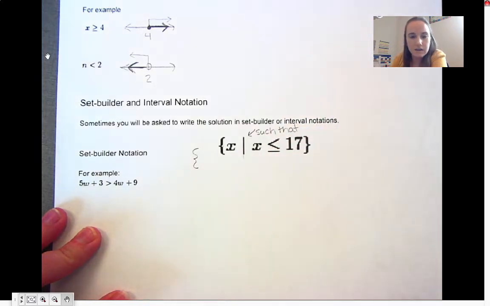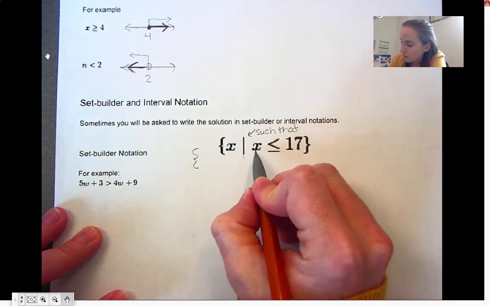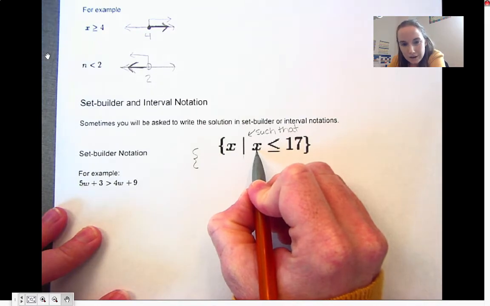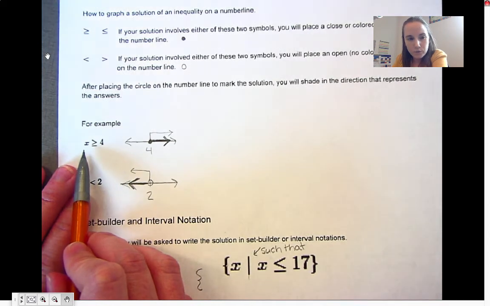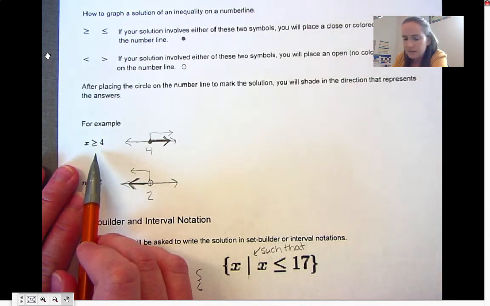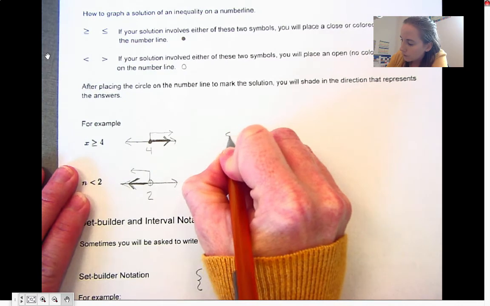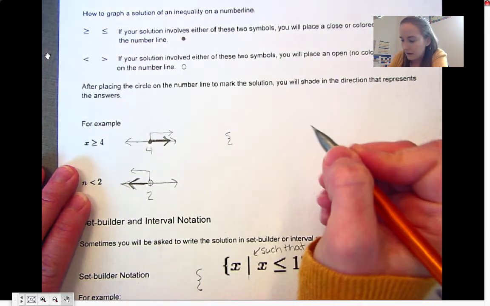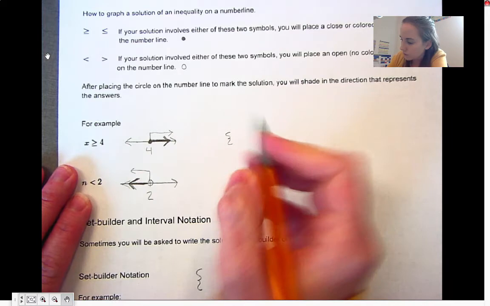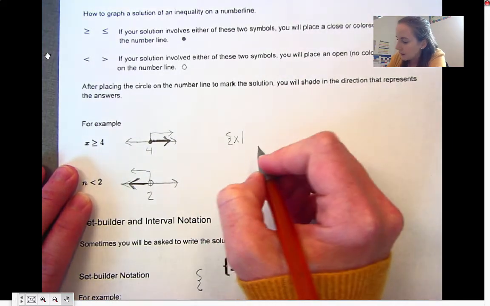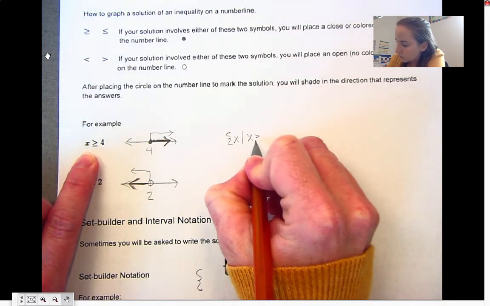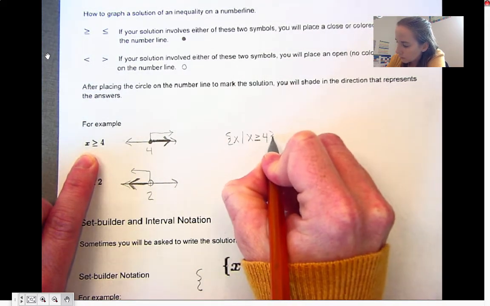And really all that's saying is, hey, I'm solving for this variable, and now I'm going to tell you about the solutions. So we'll write the variable again and write whatever the solution was. So if I come back up here, if I were to write this solution in set builder notation, I would write a curly brace, and x is the variable that I'm solving for, so x such that, draw that straight line, x is greater than or equal to 4, and then close your brace.